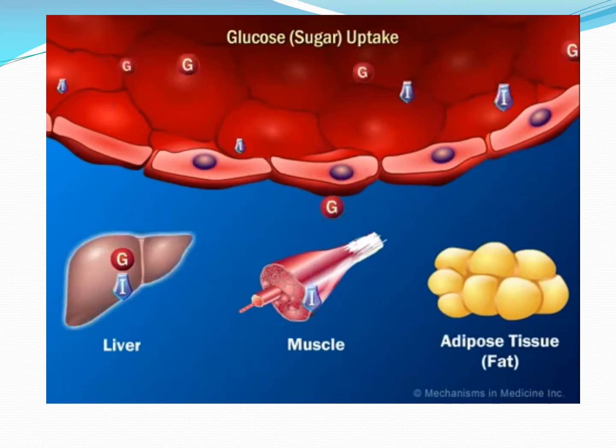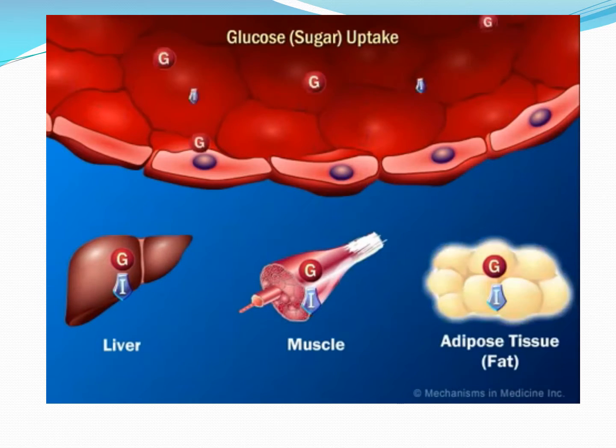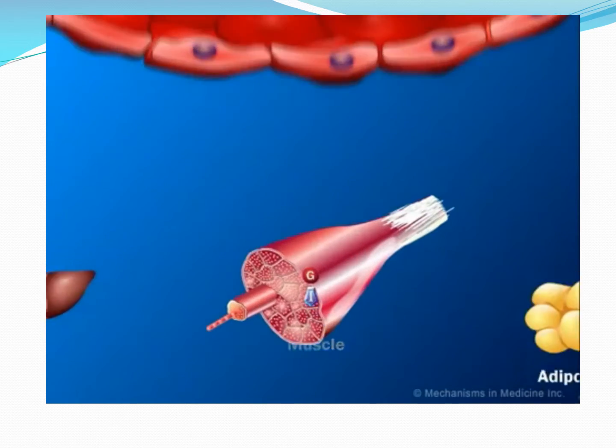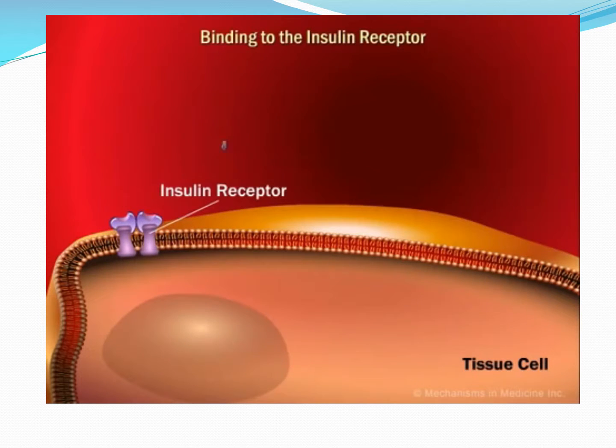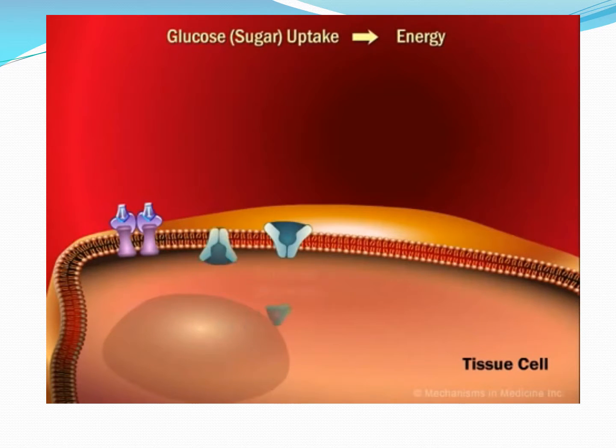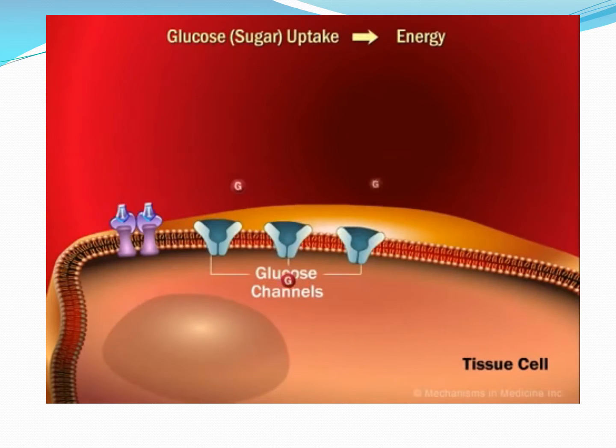These include the liver, muscle, and adipose tissue. Insulin is necessary to keep blood glucose levels stable in the body. Glucose enters the cell through a process called facilitated diffusion.